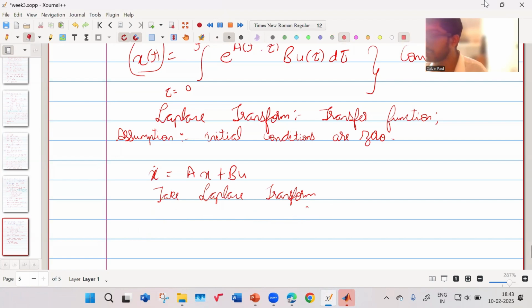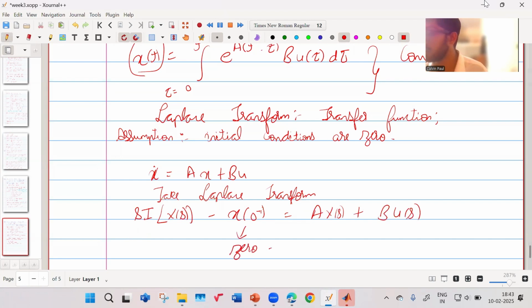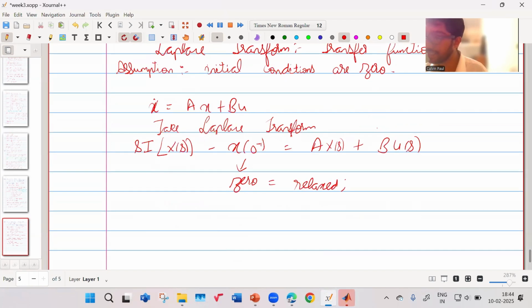It actually is sI into x of s minus x of 0, that's the initial condition, equal to A into x of s plus B into u of s.